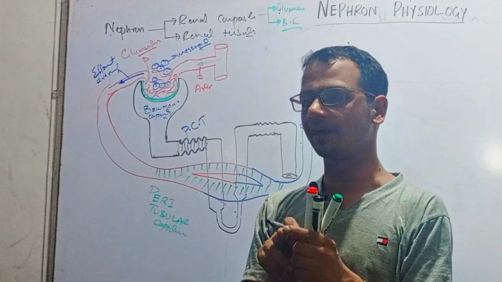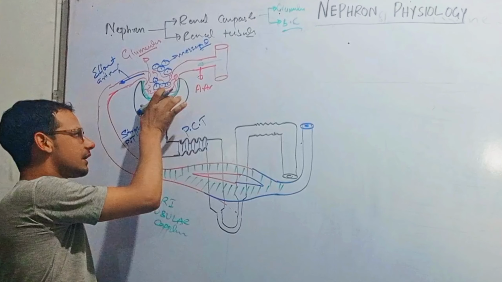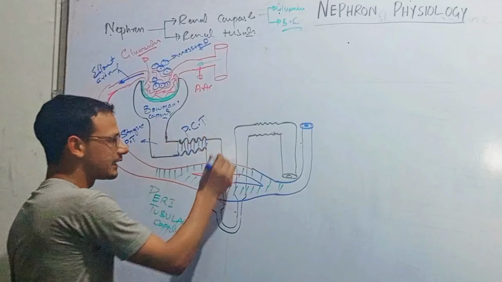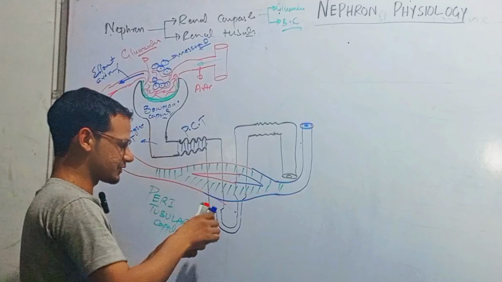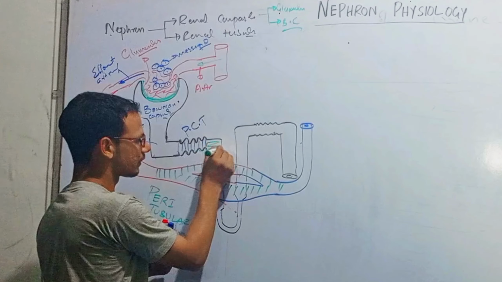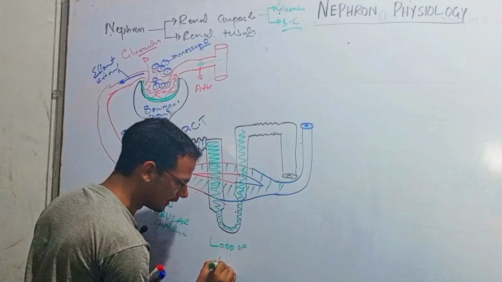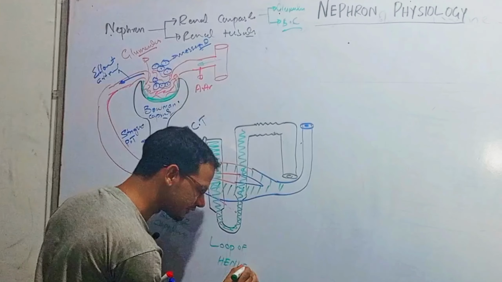This area is called the straight proximal tubule. This is just the part after the Bowman's capsule. This U-like structure here is called the loop of Henle. But this is the anatomical structure.